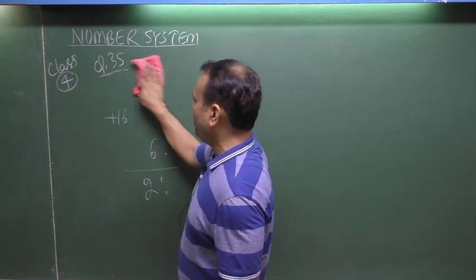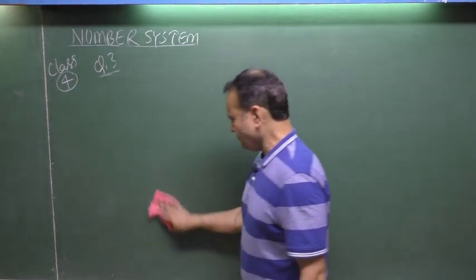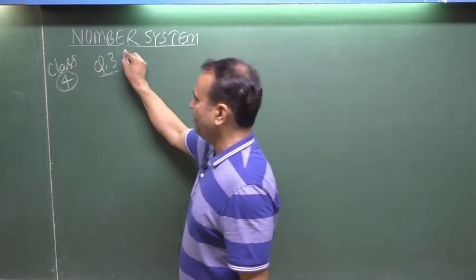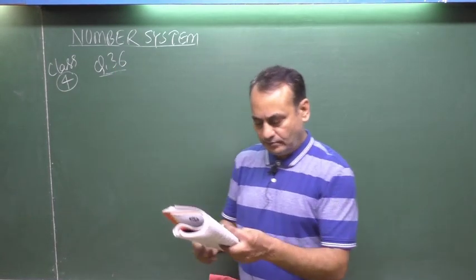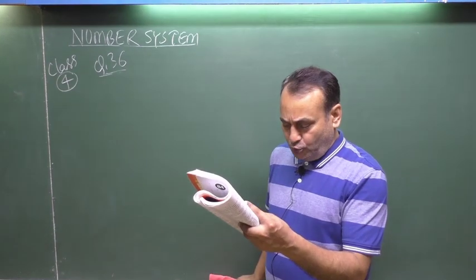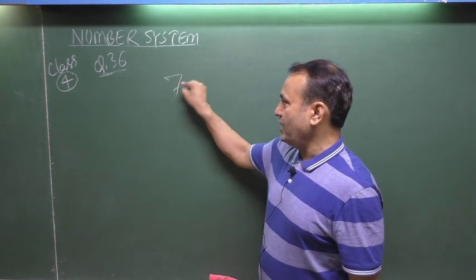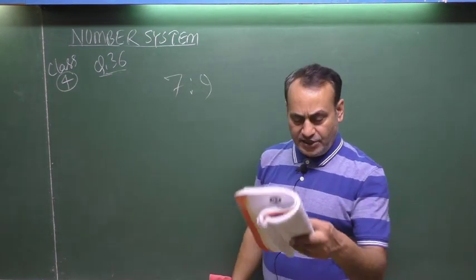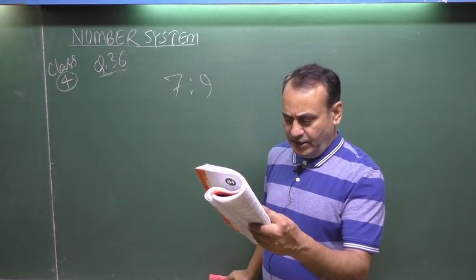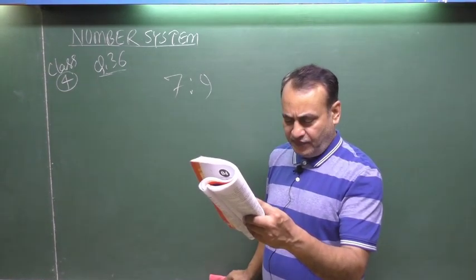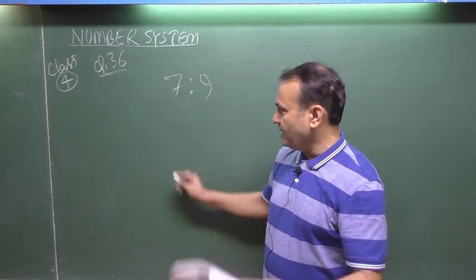Come to question number 36. Two numbers are in the ratio 7:9. If 18 is lessened from both the numbers, the ratio becomes 5:7.